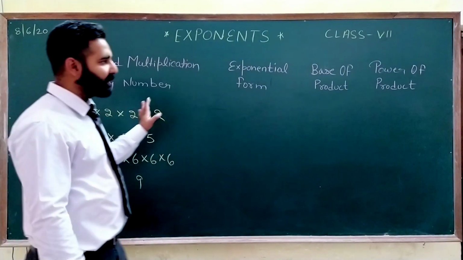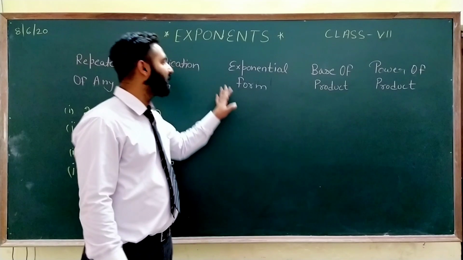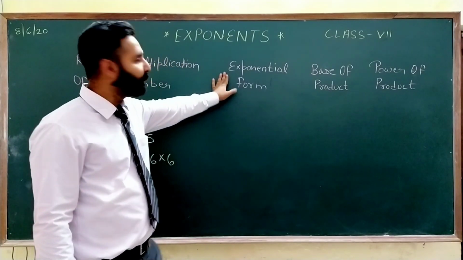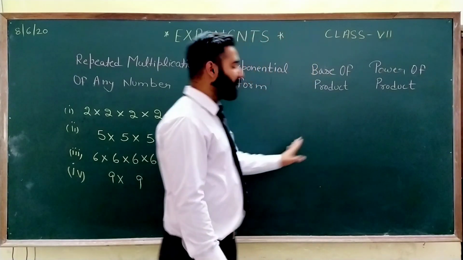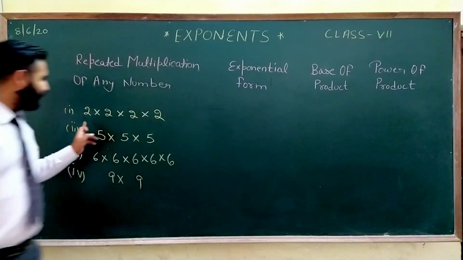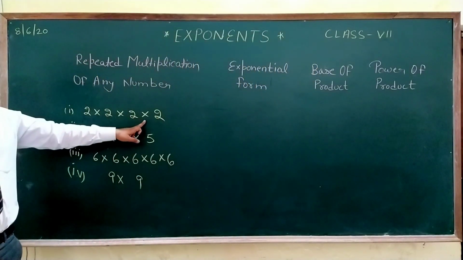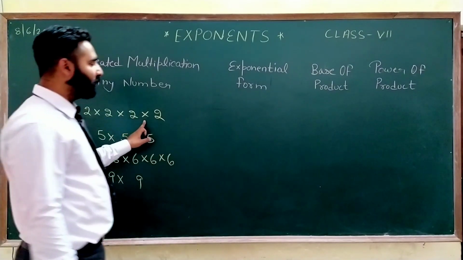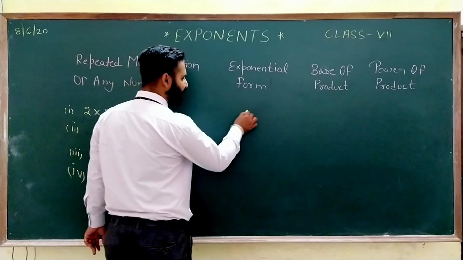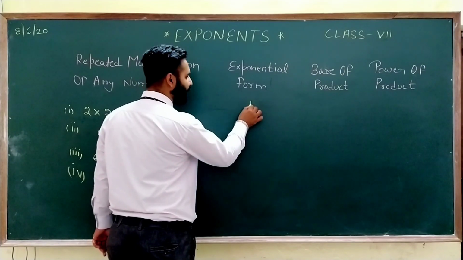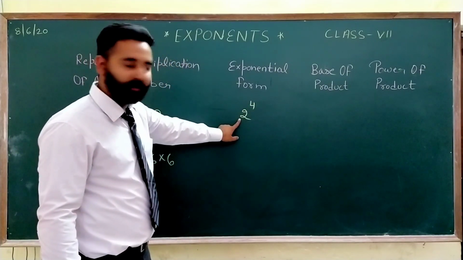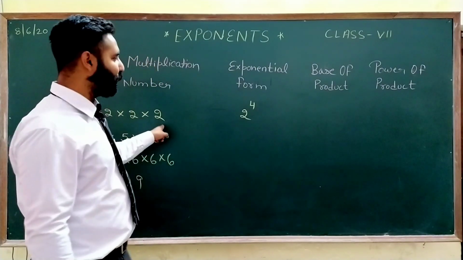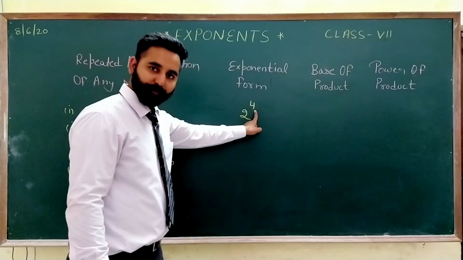Now let us see some examples to understand the concept of exponential form, base of product and power of product. In the first example, I have 2 multiplied by itself 4 times. So the exponential form will be 2 raised to power 4. 2 is the number which is multiplied by itself, and it is multiplied 4 times, so raised to power 4.